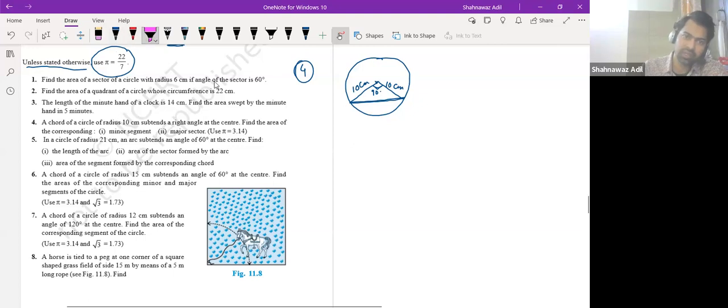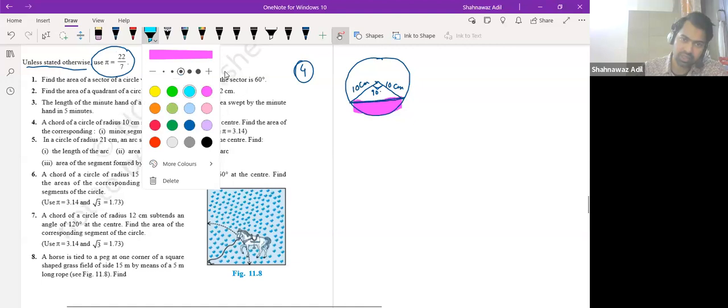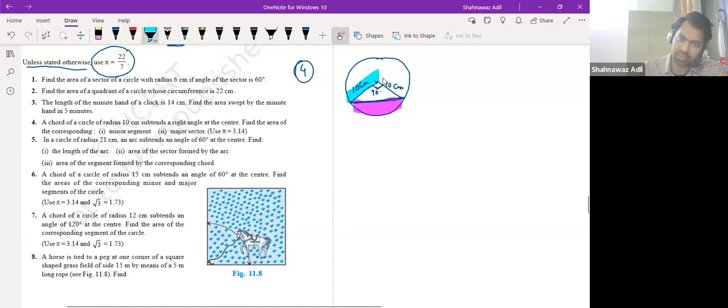So we have to find out this, the minor segment, and then the major sector, which is this. These two things we have to calculate, right?